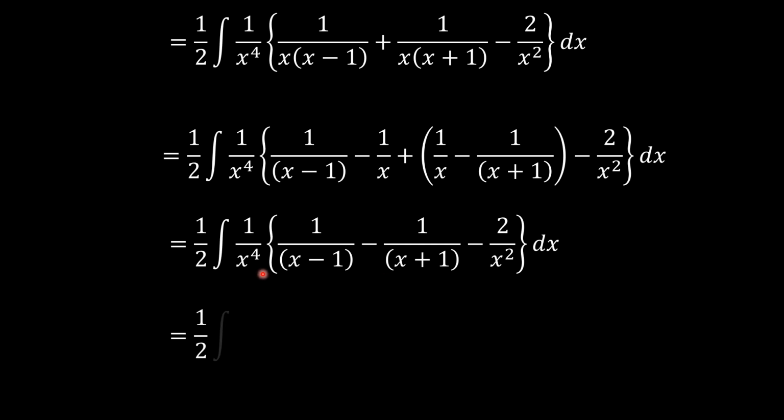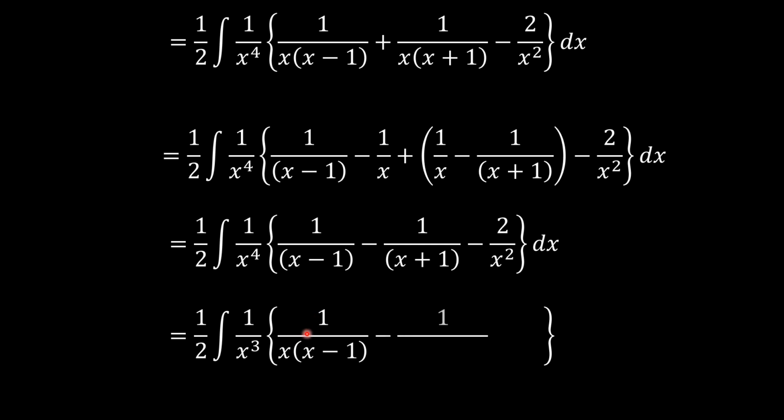Then we link another x in, so we have here half the integral of x to the power 3, open bracket, 1 over x times x minus 1 minus 1 over x times x plus 1 minus 2x to the power 3.